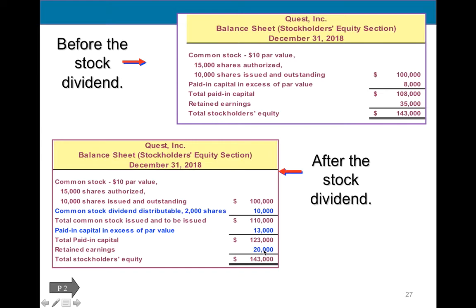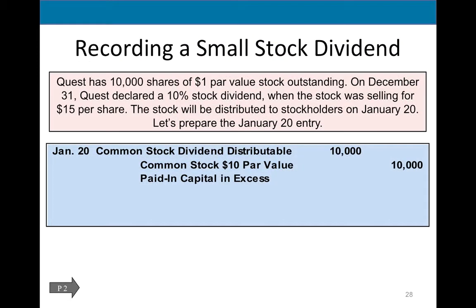So I moved from retained earnings into common stock dividend distributable, and paid in capital in excess of par value. Both of those accounts are part of paid in capital. And then on January 20th, when I actually distribute shares of stock, I get rid of this dividend distributable account and I move it to common stock account.